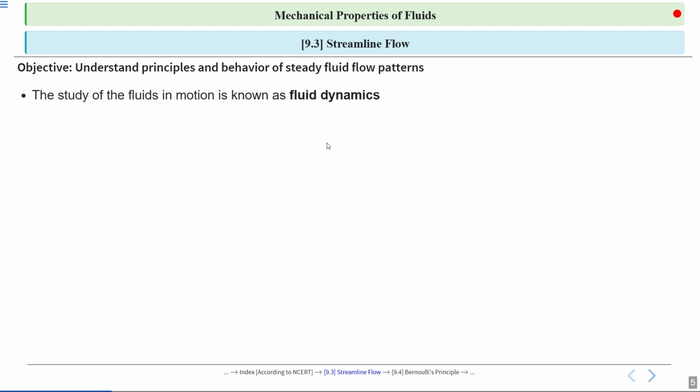The study of fluids in motion is called fluid dynamics. This is different from fluid statics, which deals with fluids at rest. Fluid dynamics helps us analyze how liquids and gases move and interact with their surroundings.